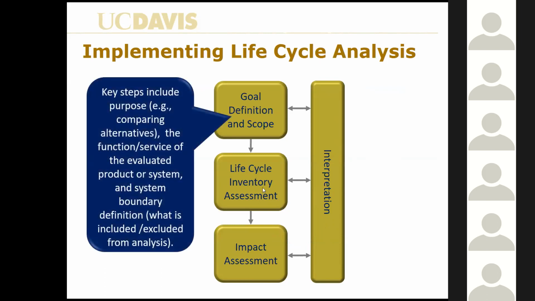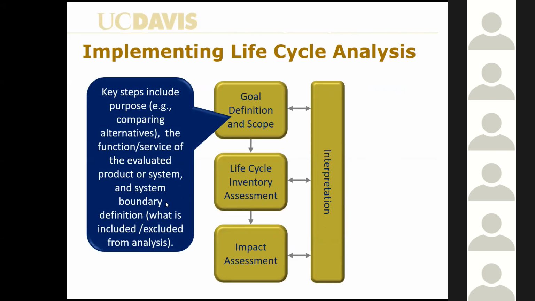So if we want to define key steps in that first step of goal definition and scope, we have to think about defining the purpose of the study, and then also carefully defining the function or service of the evaluated system. And then also thinking about what needs to be included in the study or what can be excluded from the analysis.